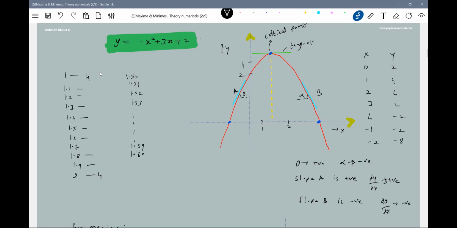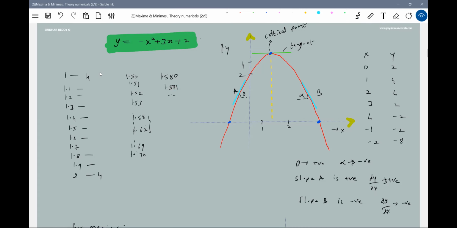You may say it lies between 1.58 and 1.62, and again you break up 1.58, 1.581. We are landing in very big trouble now.